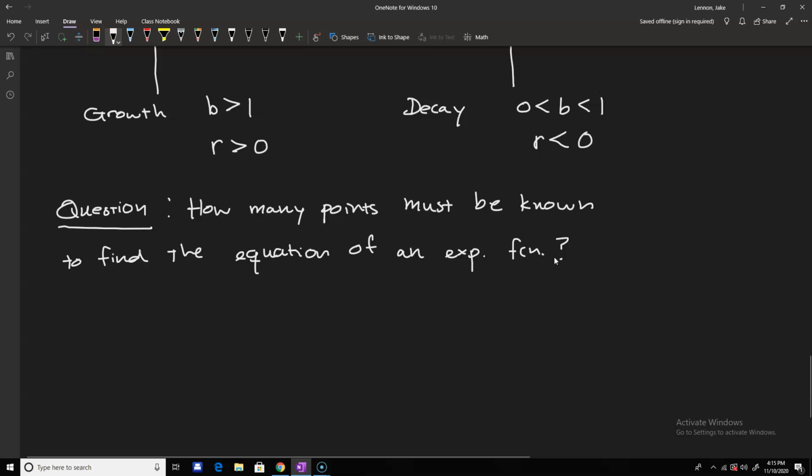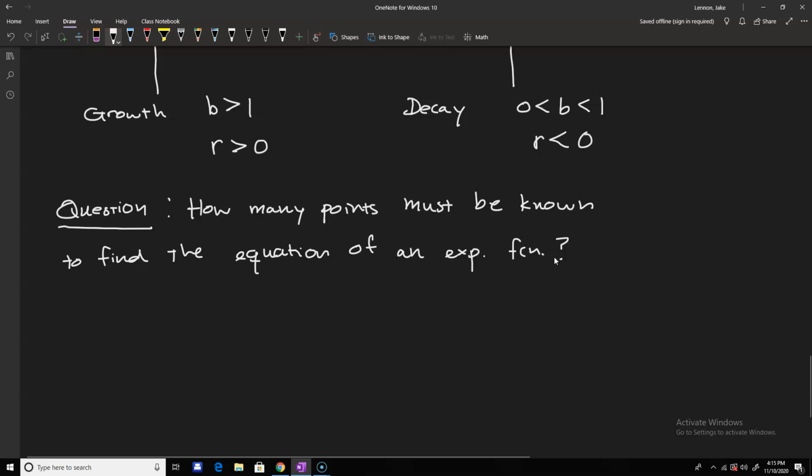Hopefully you've thought about it a second, but the shape looks more complicated than a linear function. So if you're thinking about the graph, you might say, oh, it seems like maybe I should need more than 2 because it's got that curvature to it. But on the other hand, if you think about the actual formula that we're working with, y equals ab to the x, well, how many things are constants and how many things are variables?